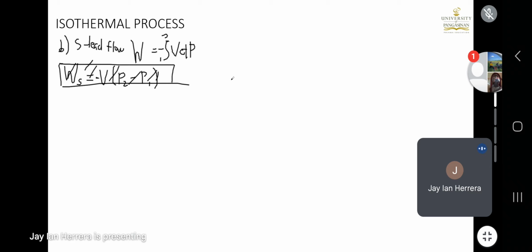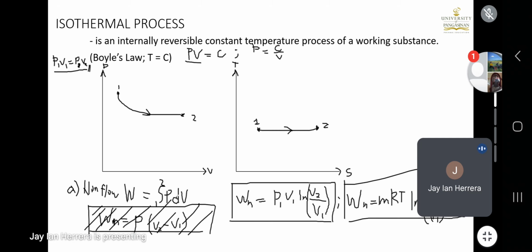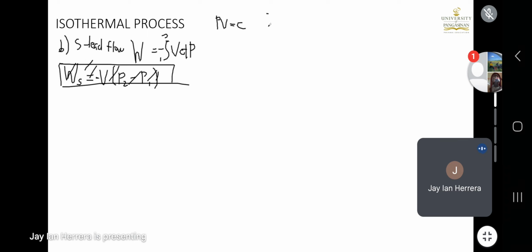For work steady flow, we have PV equivalent to C. And then, since ang nagbabago dito is volume, parang P natin dito, C over V. Work steady flow naman is magiging ganun din since PV is constant.